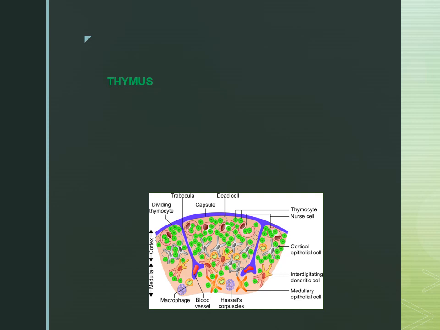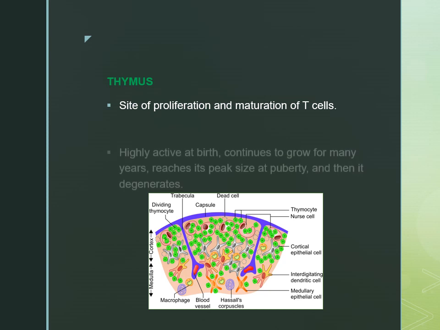Now these thymocytes are more in number and immature in the cortex. Whatever lymphocytes are coming for maturity are mainly in the cortical region. When they get mature, they shift to the medulla. So in the medulla they are mature and fewer in number, whereas in the cortex they are many and immature. It is the site of proliferation and maturation of T cells.